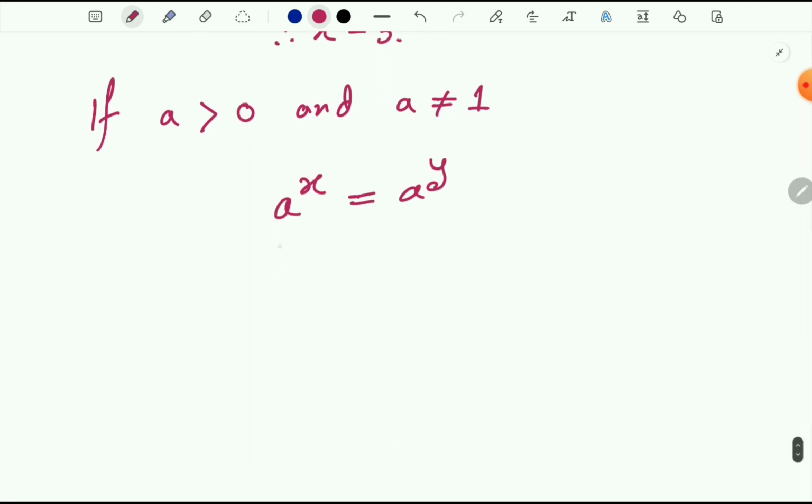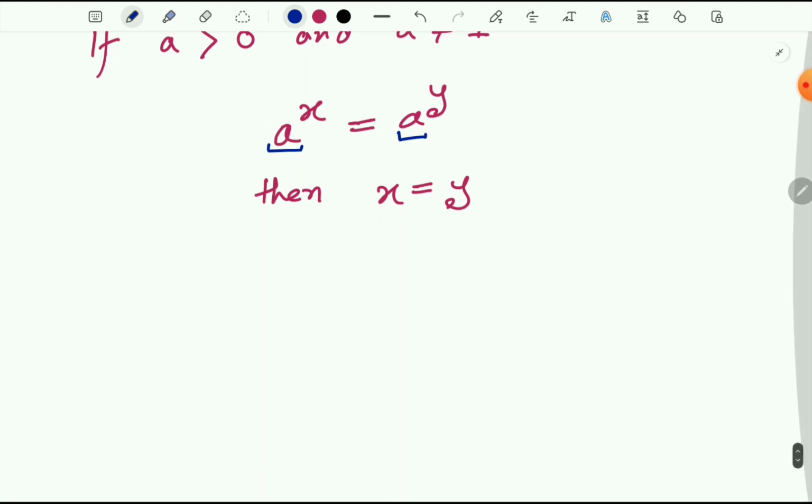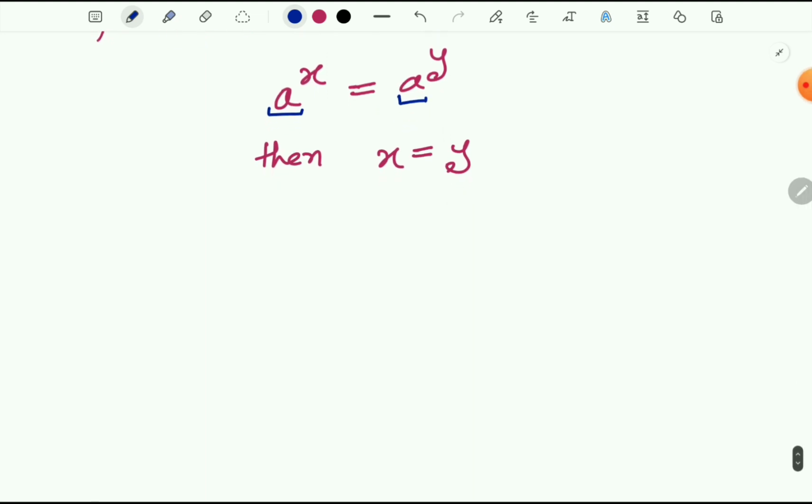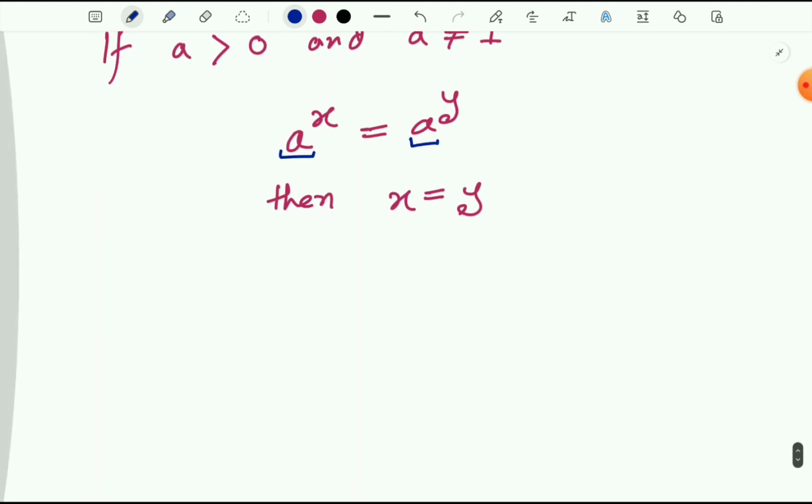So if the bases are the same, in that case their powers are also equal. But notice that if a equal to 1, then x and y can be different. It doesn't matter.